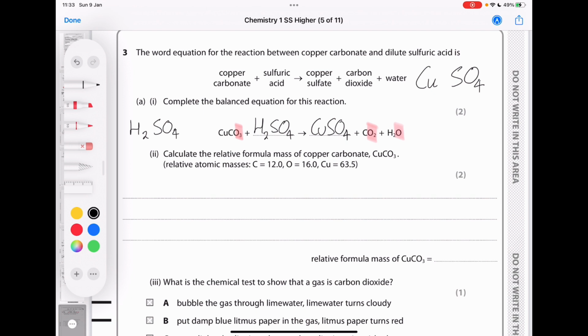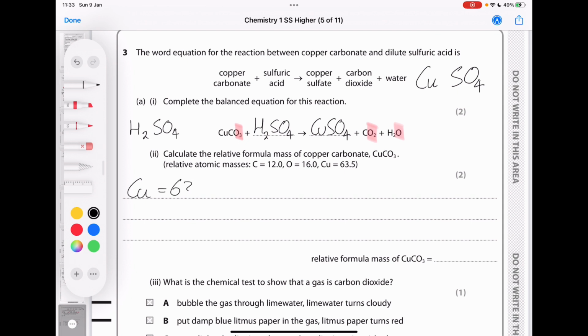For A part 2, you've been asked to calculate the relative formula mass of copper carbonate, which is just asking how heavy the formula mass of that substance is. So I'll add up how heavy each individual element is and then add them together.